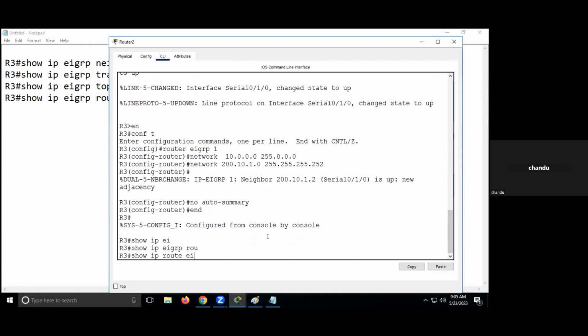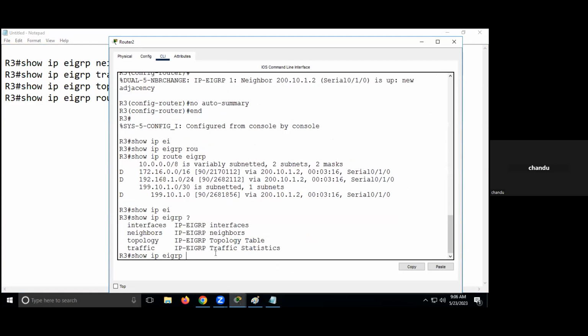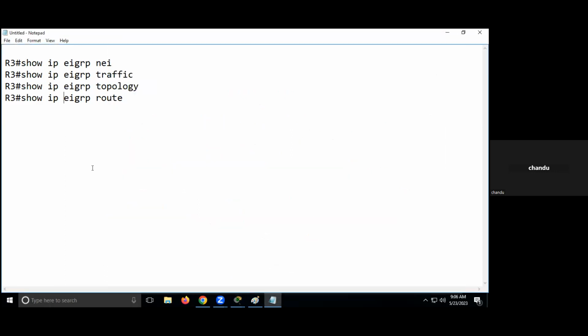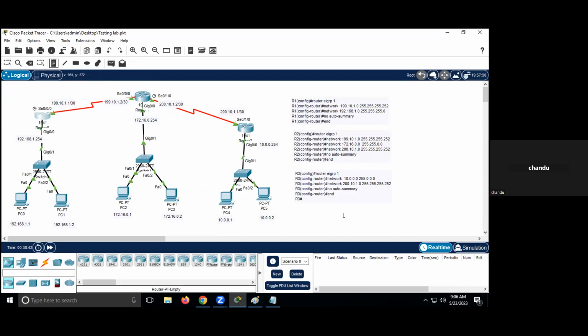Show ip eigrp interface, traffic, topology, neighbor. These are the different types of show commands.